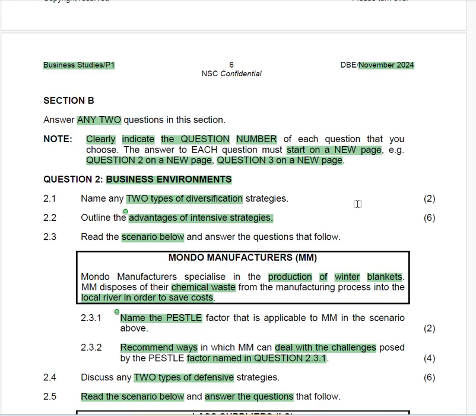You cannot outline the advantages without knowing what intensive strategies are. It is for that reason that I'm here to guide you throughout your preparation for the exam using the past papers.